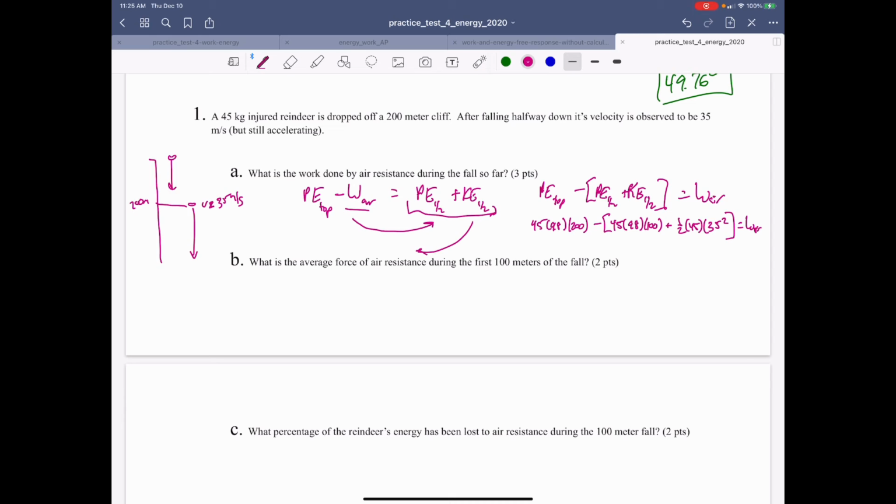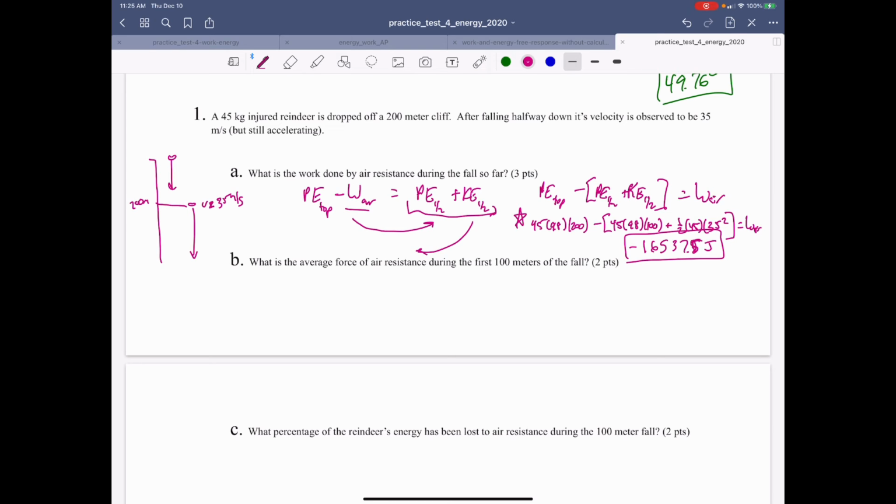So I get the work done by air resistance as 16,537.5 joules. And it's air resistance, so we're going to put a negative sign on that. That's what I get. It's totally possible that I may have put something into the calculator wrong, but this equation is definitely right.